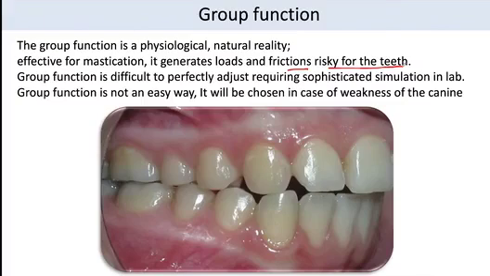So group function is not an easy way from a therapeutic concept. Natural group function, no problem. From a therapeutic concept, for me, group function is difficult. And the indication for group function from a therapeutic concept is only in case of weakness of the canine.